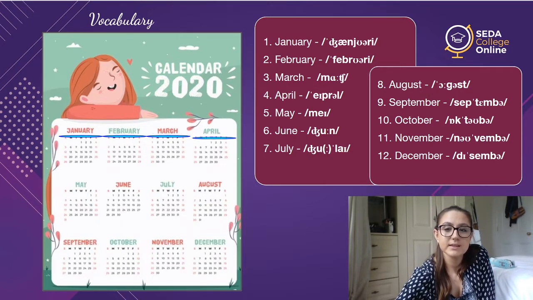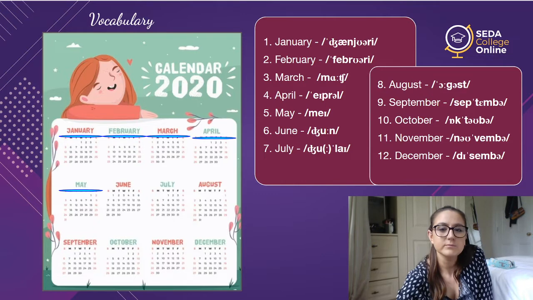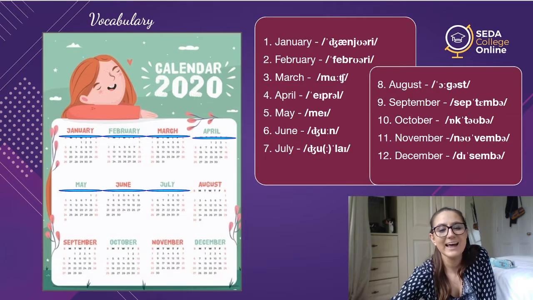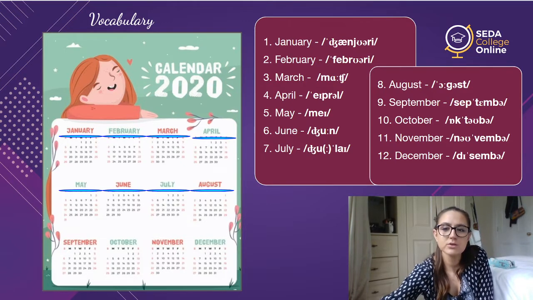April. That's quite easy. April. 5, May. 6, June. 7, July. August for number 8. August.